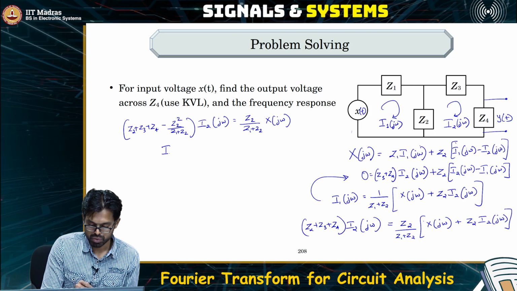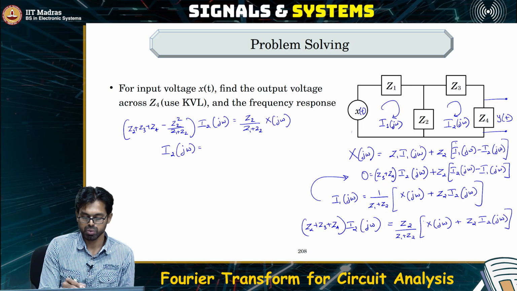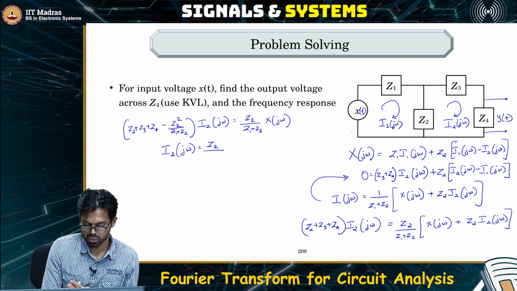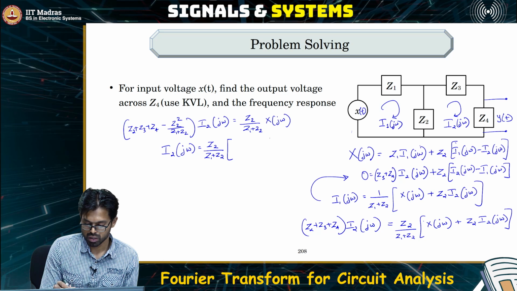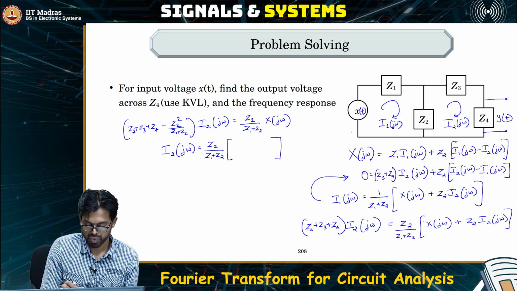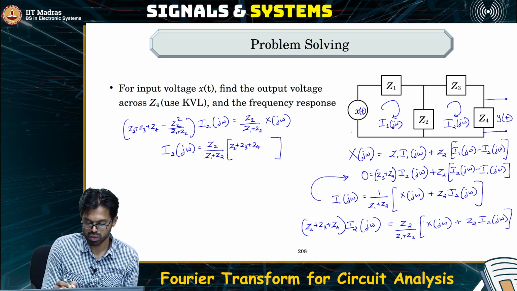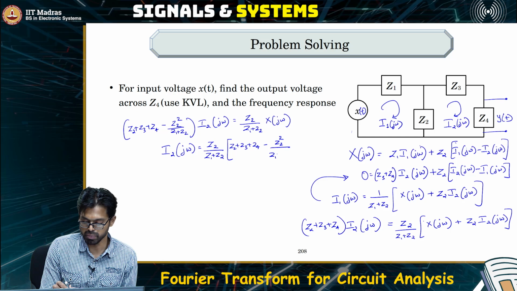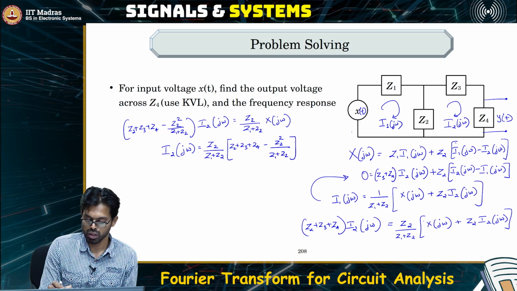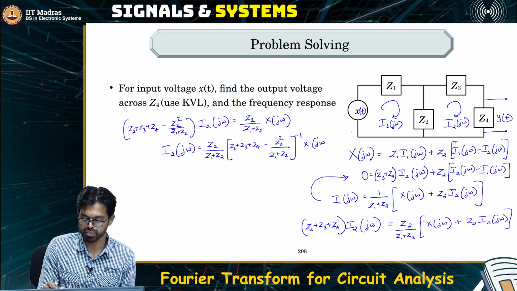So I2 of j omega is now equal to Z2 by Z1 plus Z2, times Z2 plus Z3 plus Z4 minus Z2 squared by Z1 plus Z2, the whole inverse, into X of j omega.